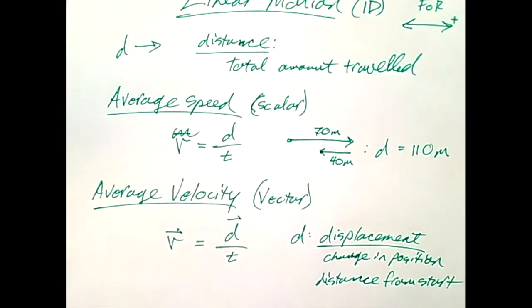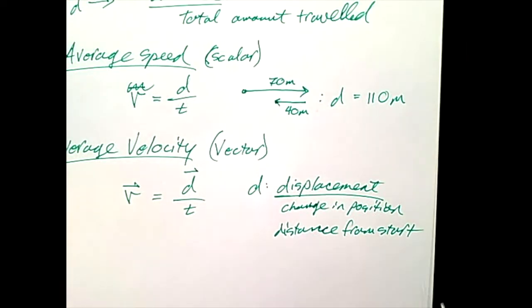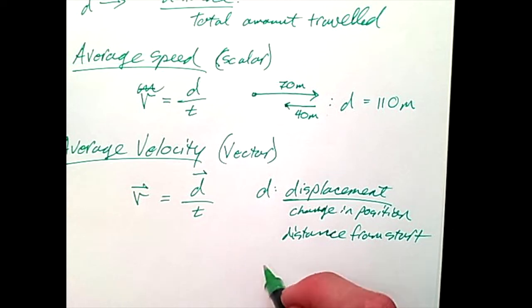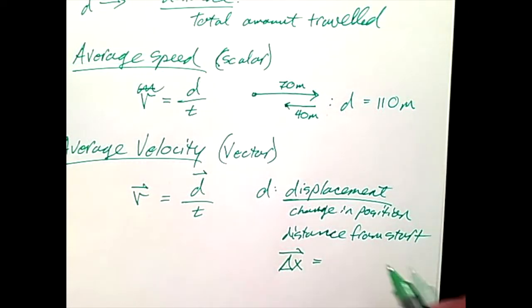For our purposes, especially in a left to right frame of reference, we will identify the change in position as the change in x, and so I can say that displacement is the change in x.